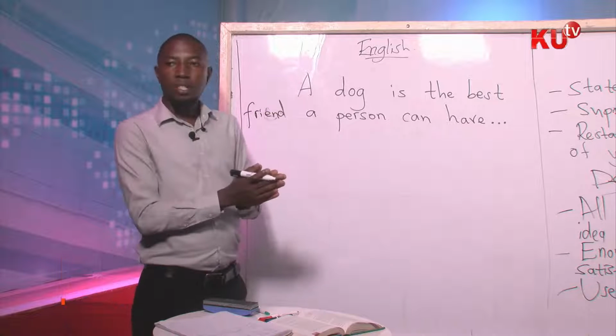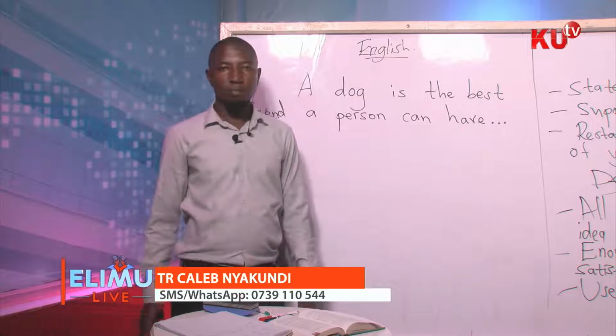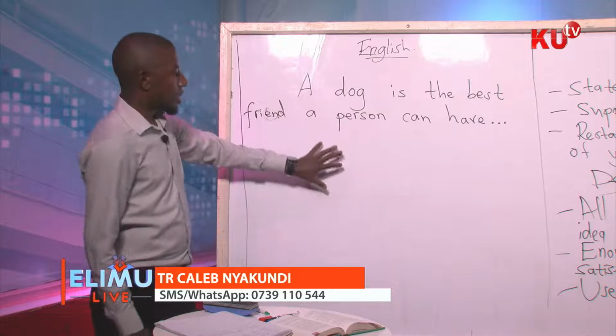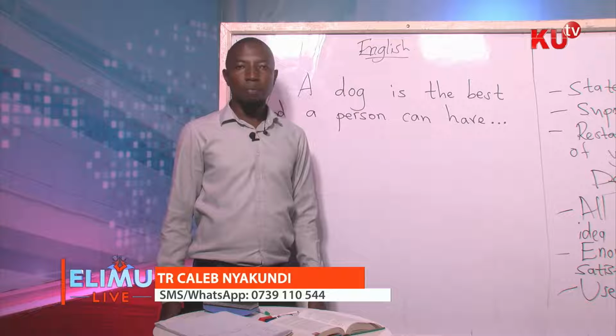Assuming the margin was here, I indented the start of that paragraph. Then some ellipses there to show that you are supposed to complete. A dog is the best friend a person can have. That is a topic sentence which you can use to write a paragraph.